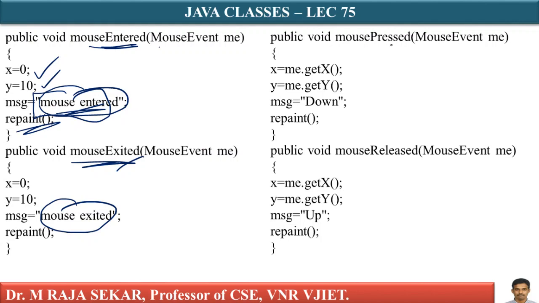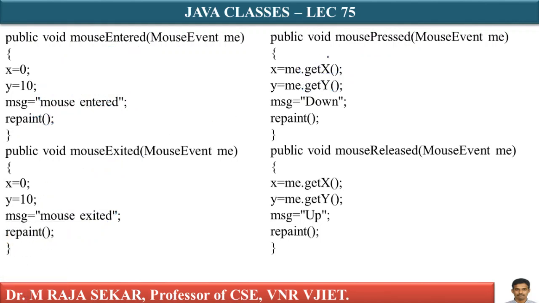Public void mousePressed, MouseEvent me. I am pressing. After pressing, getX, getY means in which position I am pressing, that position it will capture. Get X coordinate and get Y coordinate where I am pressing. If I am pressing, the message is down.